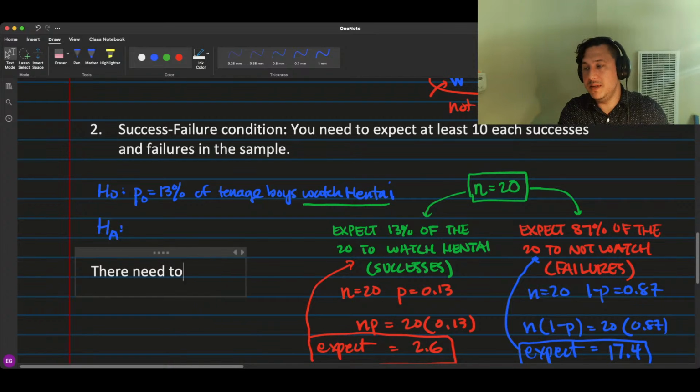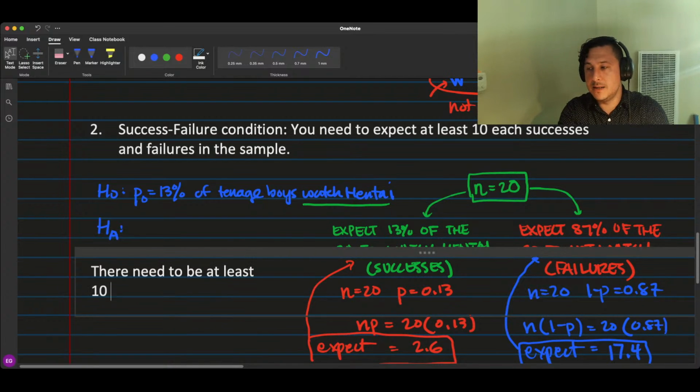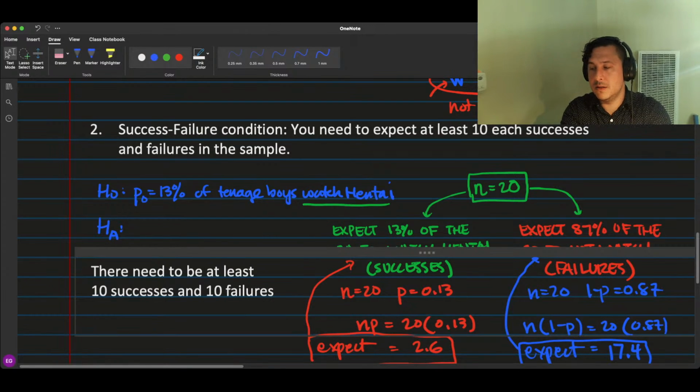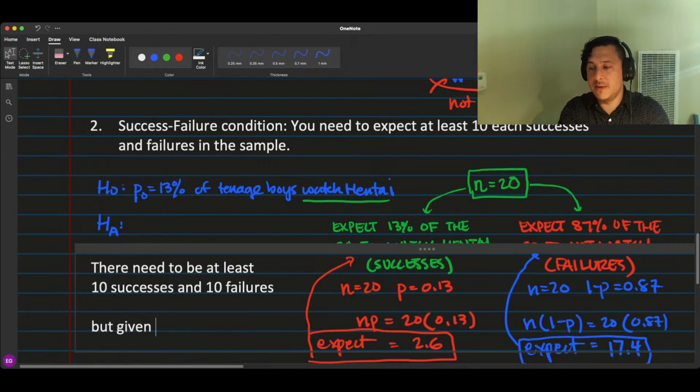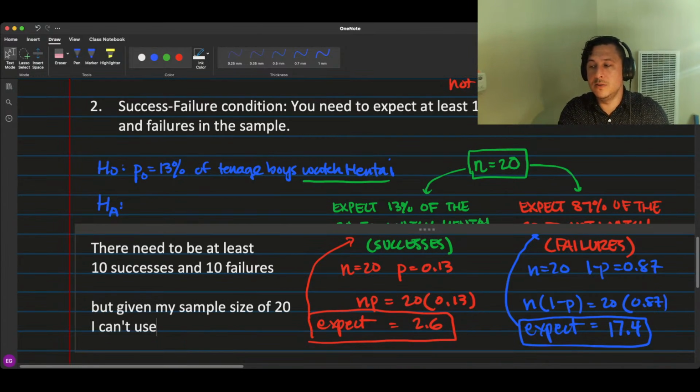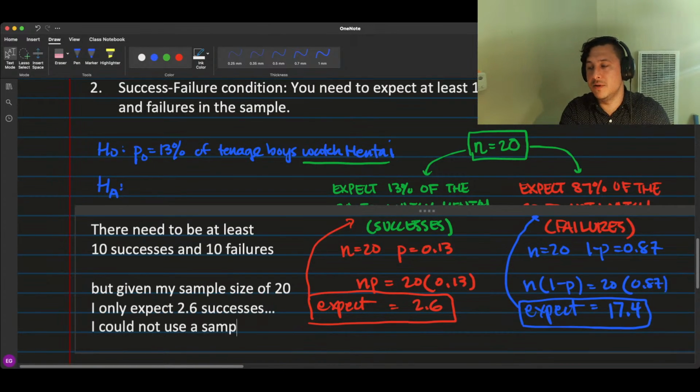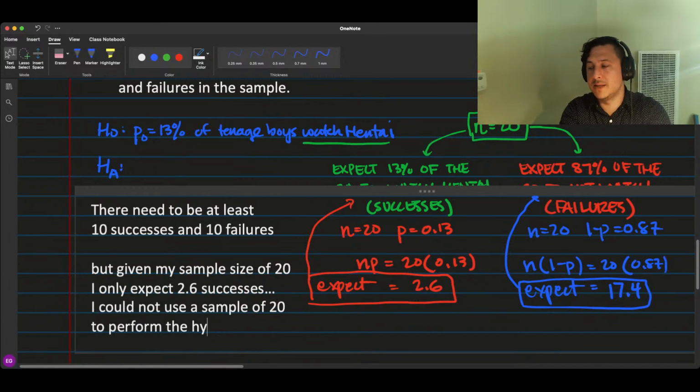There need to be at least 10 successes and 10 failures. But given the sample size of 20, I only expect 2.6 successes. What this is telling me is that I could not use a sample of 20 to perform the hypothesis test.